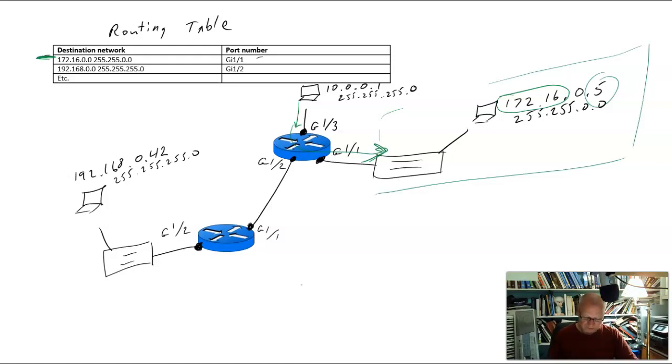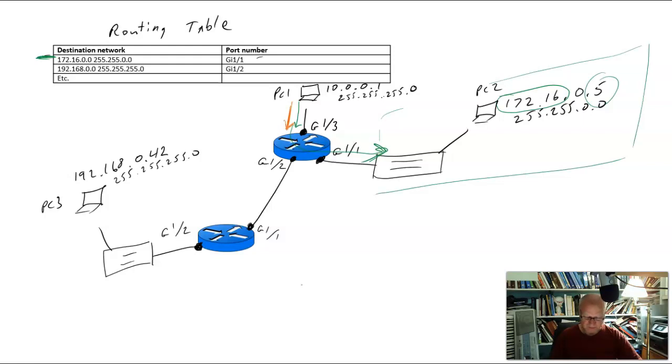Now, if this computer wants to talk to this computer, we'll call this PC1, PC2, and PC3. Computer PC1 wants to talk to PC3. So, again, it's going to send a packet out here to this router.